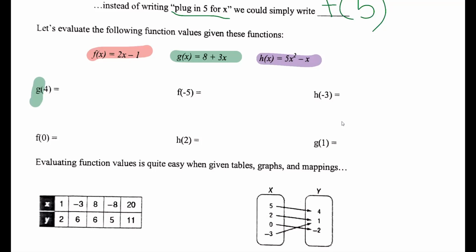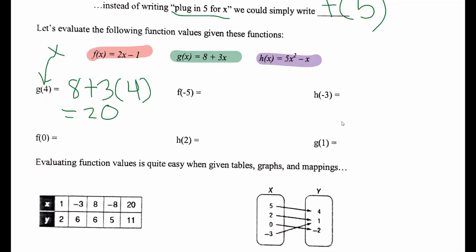So that's the green function. So I would have 8 plus 3 parentheses 4. Remember, this is your x. So what g of 4 is saying is plug in 4 for x. Then you would just put this in a calculator, and if you work this out, you should get 20.